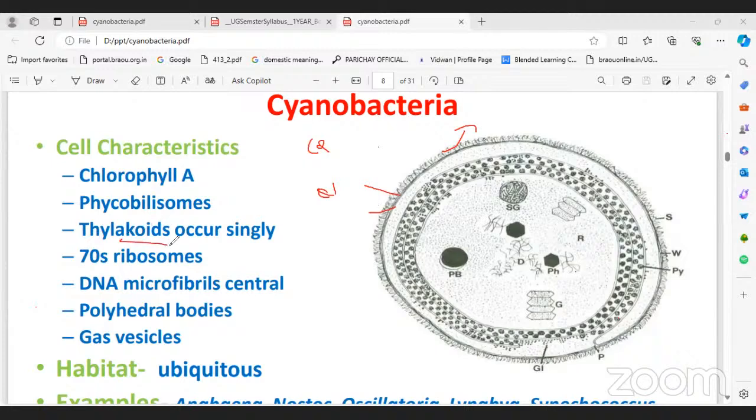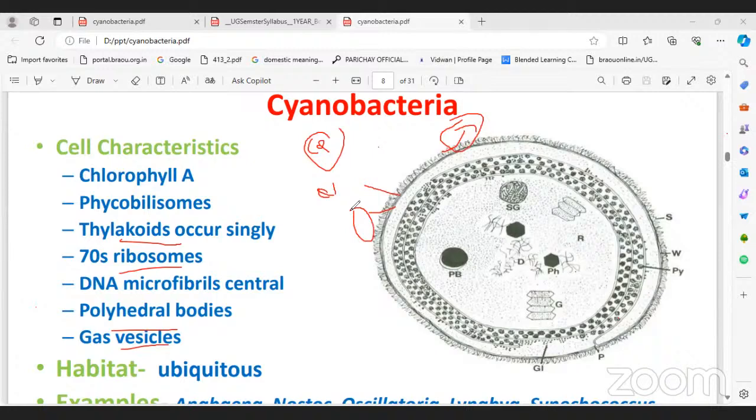We can see in the slide free thylakoids, 70S ribosomes, gas vacuoles, polyhedral bodies and gas vesicles. You should write in order: first cell wall, maybe covered by capsule, as most BGA are, and plasma membrane.